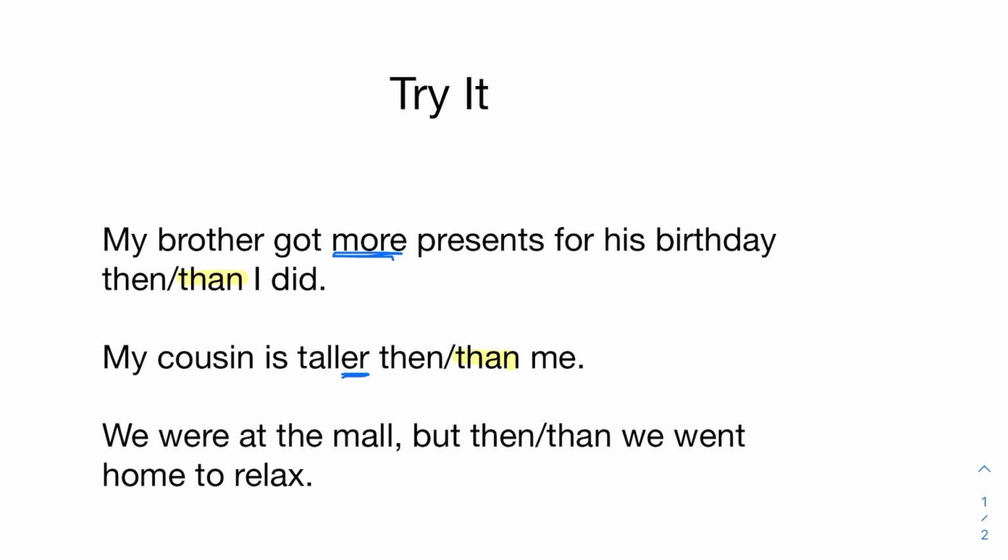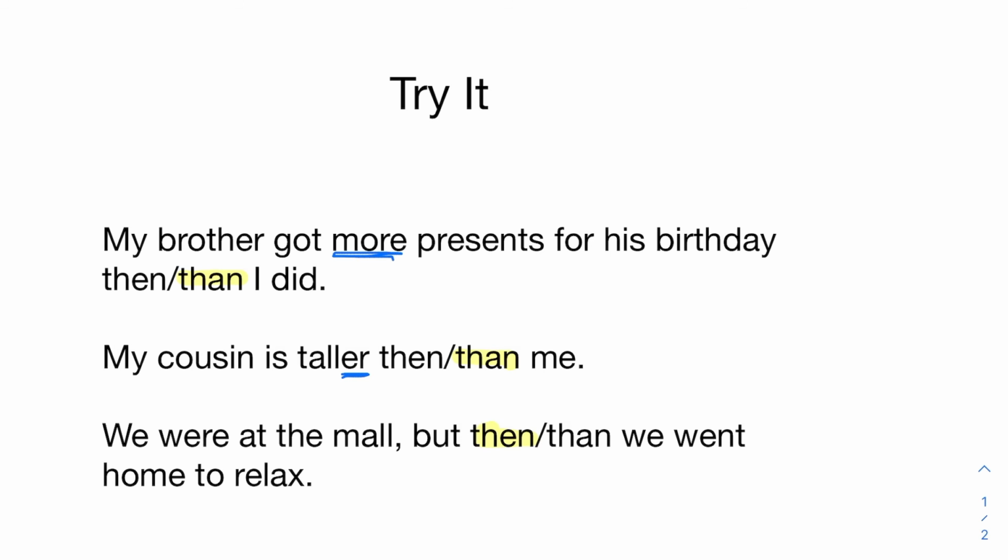So if we look, I don't see any comparison words in there. I don't see ERs. I don't see the word "more." So let's see if it makes sense for this to be a sequence of events. If we're going to pick "then," we want to make sure it's telling us an order of things. We were at the mall. So "were," past tense, that happened first.